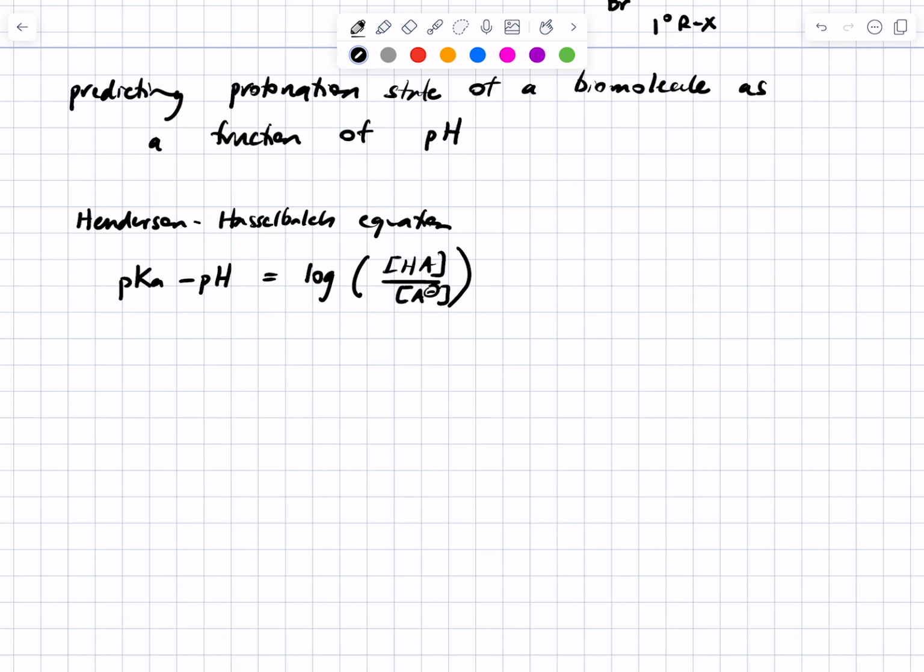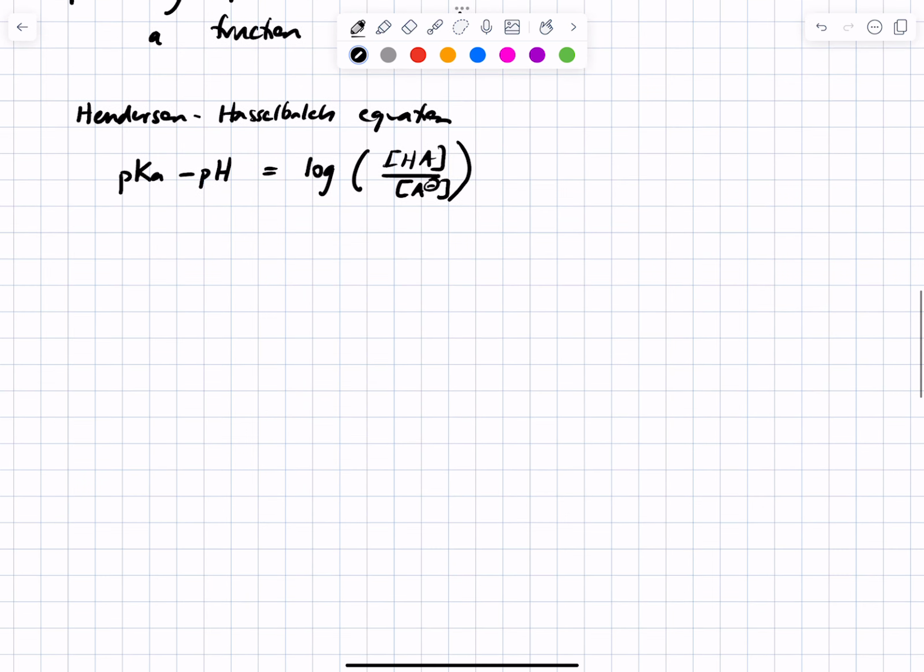Now, this class is not heavy on math, and we will not be doing that type of math. If you can count, if you can divide by 2, and if you can do greater than, less than, you're good to go. The one thing you might need is a vague recollection of properties of logarithms, but not even that detailed. We're going to use this equation not to predict making buffers, which is useful but sort of boring.